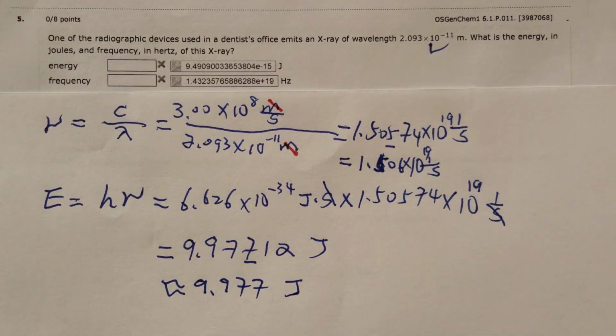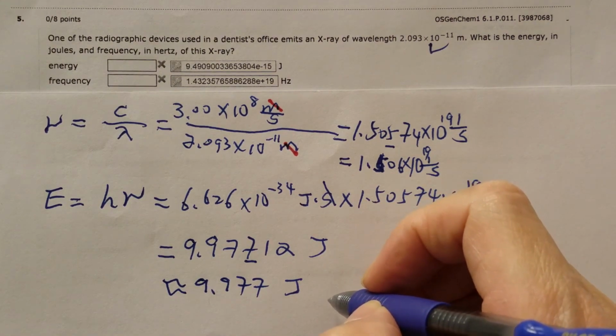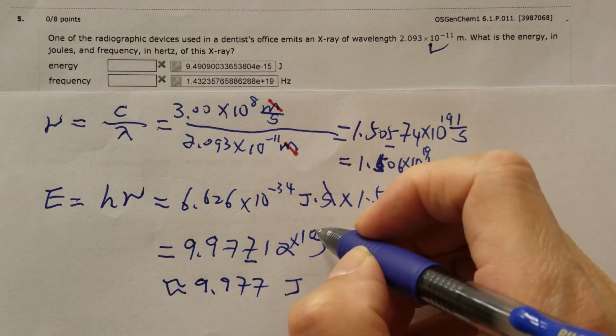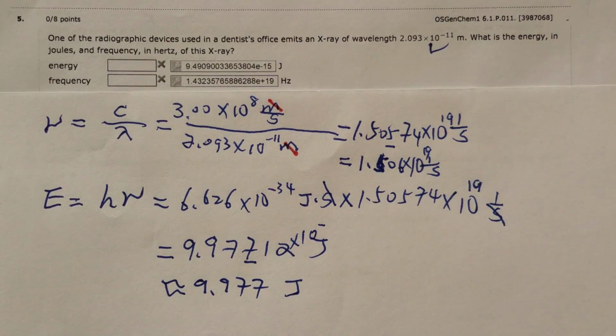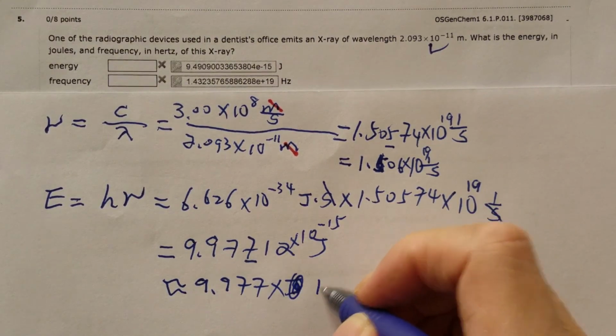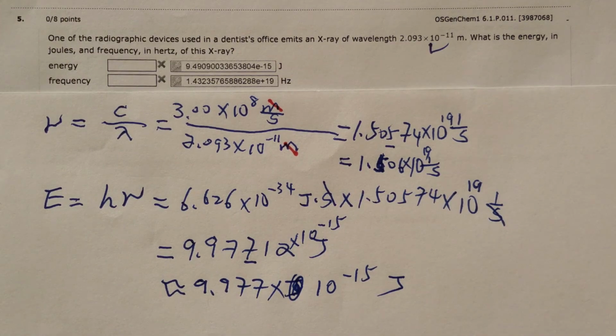No, actually again, we can't afford forgetting the 10 to the negative 15th power. Joules. Okay, so that's it. That's all the 5 questions in chapter 6, energy and matter, homework assignment.